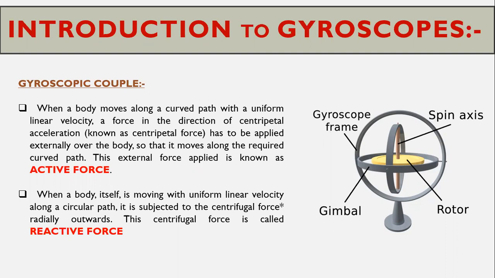That is the least amount of curved path turned or balanced by the gyroscope about its own axis, that is the axis of spin. So when we combine these two forces, it is called a couple on the gyroscope, and it is called the gyroscopic couple.